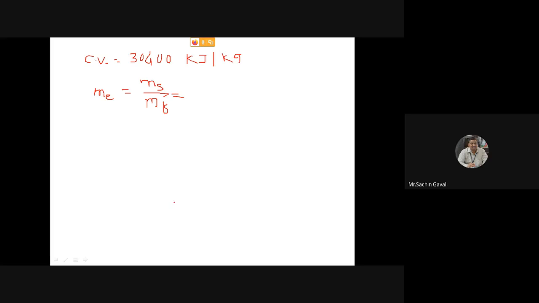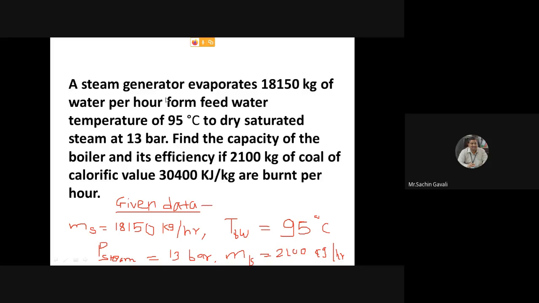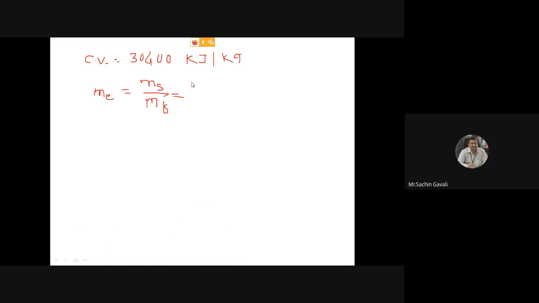MS is 18150 divided by MF, which is 2100.